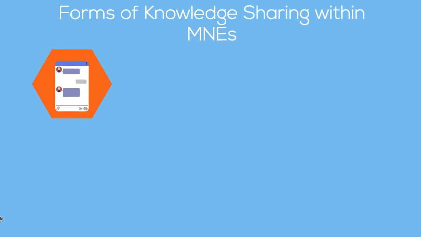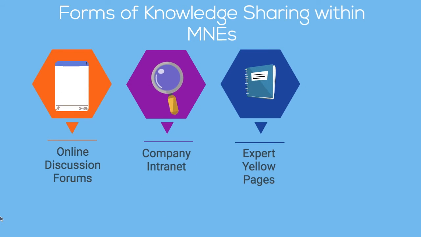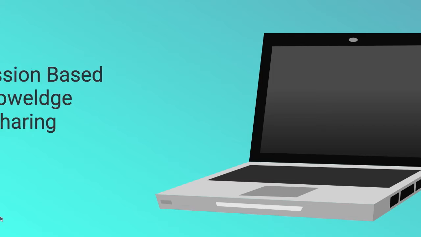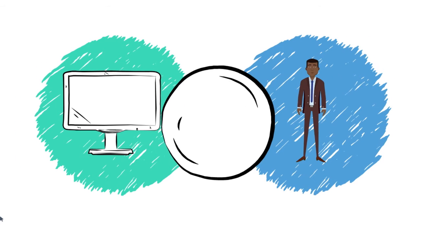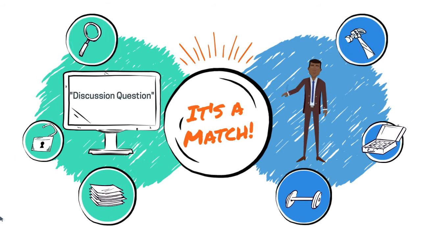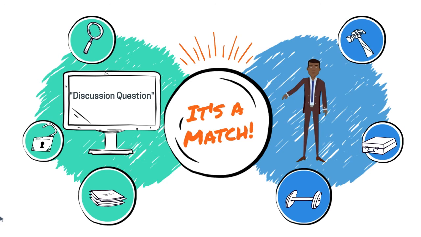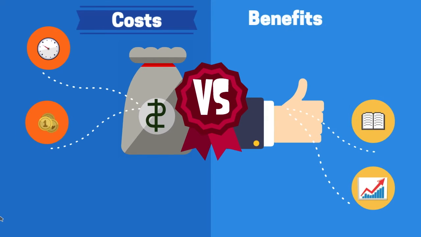This may be done through online discussion forums, company intranets, expert yellow pages, and searchable document repositories. Specifically looking at discussion-based knowledge sharing within a company, the matching theory suggests that people will answer questions based on how much the content of the question matches their expertise, as well as the cost and benefits it will have.